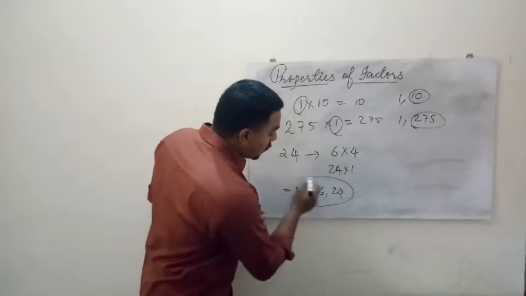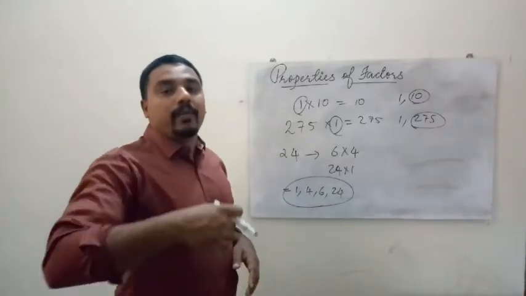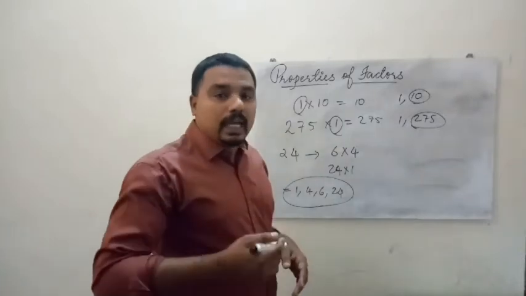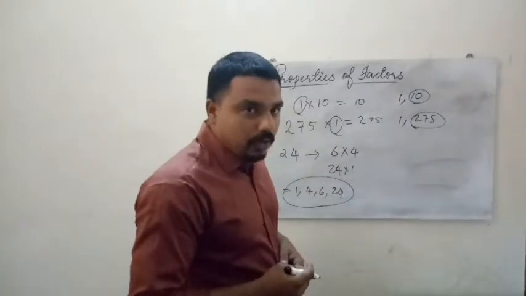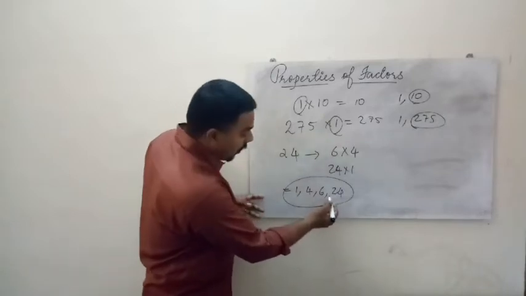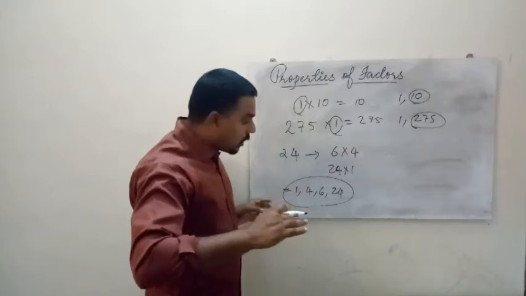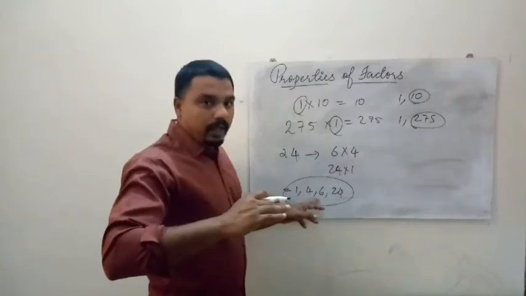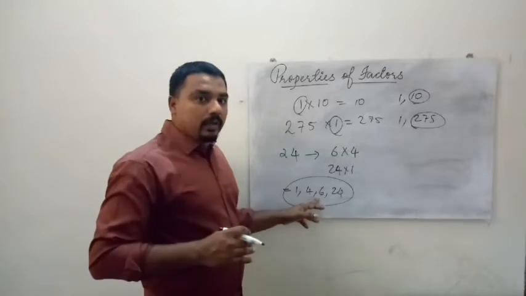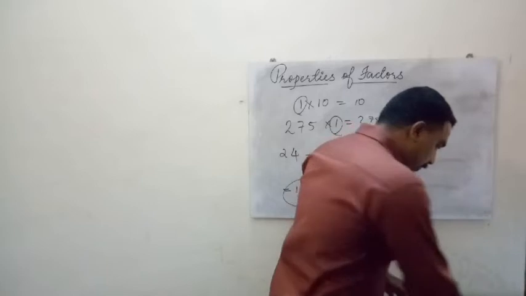So these are the factors of 24. So the third property is that a factor of a number is less than or equal to that number. Here it is 24. You can see all other factors are less than 24. Clear? So next we shall discuss multiples.